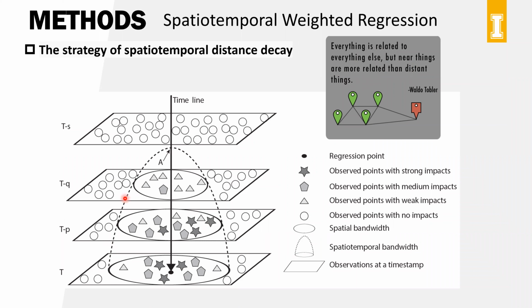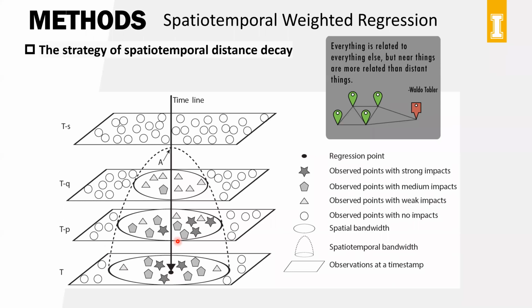To solve the heterogeneity, we have to find a local range within which all the observation points affect the regression point.